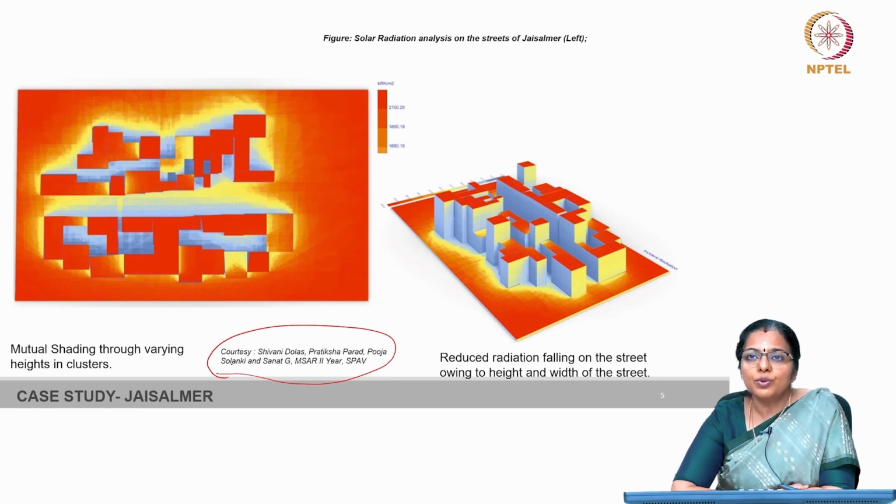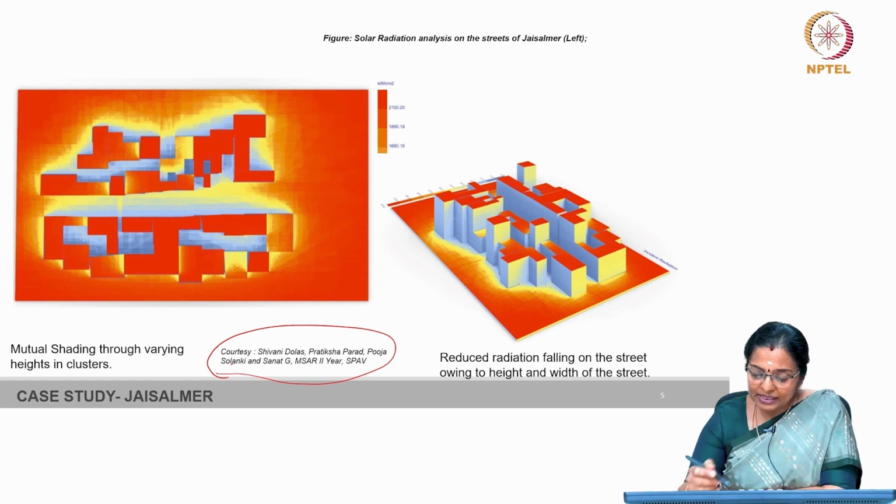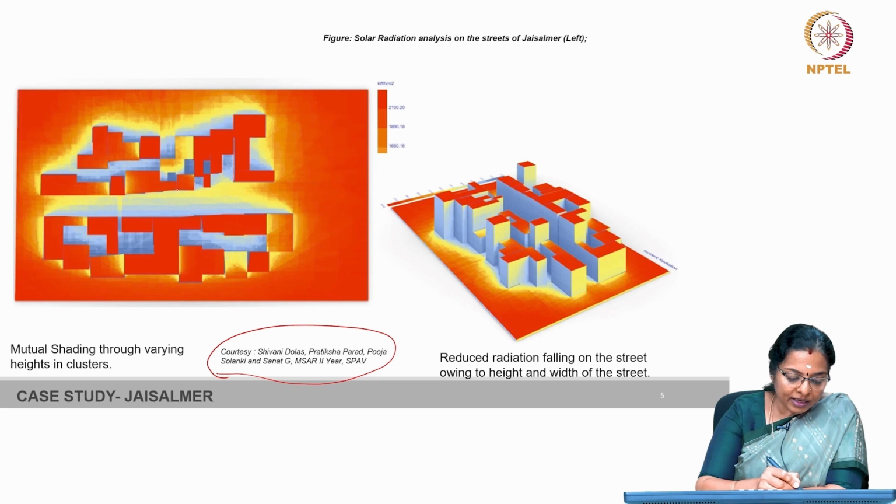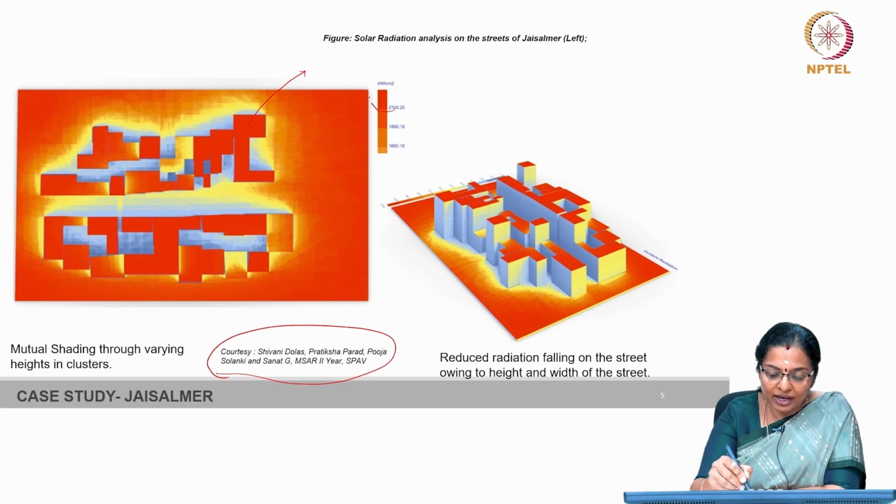This social dynamics is enhanced by extending the thresholds of the houses, which along with the height and width of the streets reduce solar radiation on the ground. Additionally, mutual shading occurs due to varying heights in clusters of buildings, and it contributes to the overall pleasant and social atmosphere. As can be seen from the small analysis, these are the terraces, and therefore they are subjected to very high solar radiation.